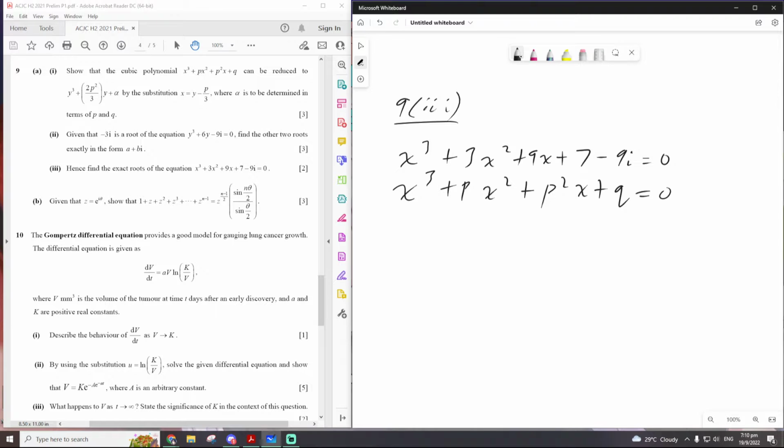And this will give me x cubed plus 3x squared plus 9x. Then the q is 7 minus 9i. So by observation, p equals 3, q equals 7 minus 9i.